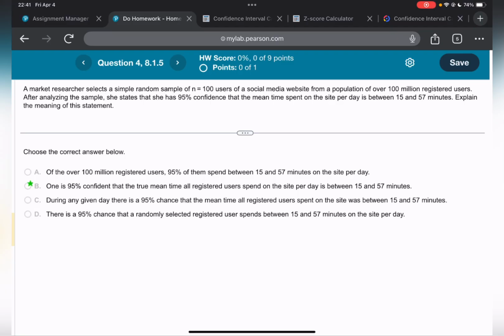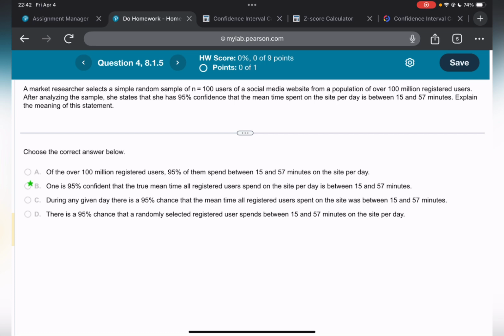Okay, which is B. Let me see what A is. Why is it not matching? A: Of over 100 million registered users, 95% of them spend between 15 and 57 minutes on the site per day. Now, when we are talking about a confidence interval, we don't use the whole total amount of the population.